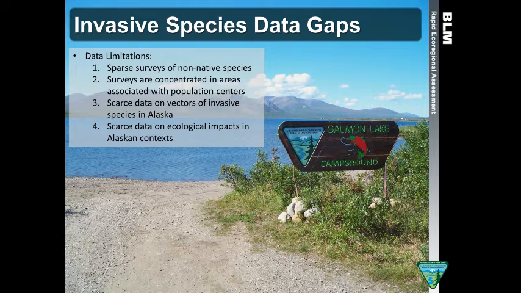I'll talk more about the vectors this afternoon, but we don't really have good data in Alaska about how invasive species are moving around, and also the probability, once they move around, of them establishing. We don't really have very good data on that.